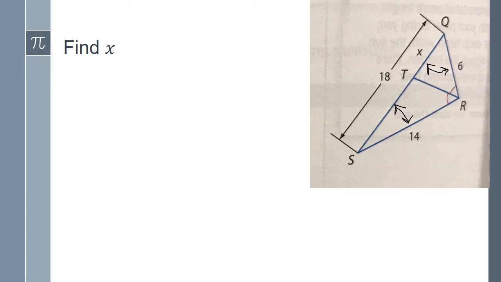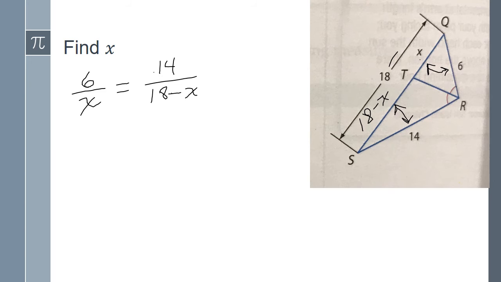So I don't know what this length is between ST, but I do know that since the whole length is 18, this length is equal to 18 minus x, right? Because 18 minus x plus x equals 18. So I can set my ratio up now as 6 over x is equal to 14 over 18 minus x.